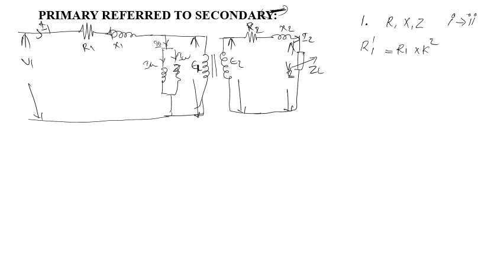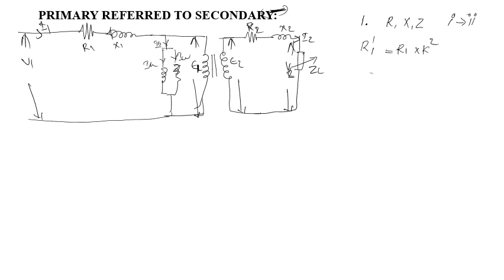In the other case, we discussed that R2 referred to the primary side is divided by K square. Here, all the resistance, reactance or impedance from the primary side, when referred to the secondary, must be multiplied by K square.